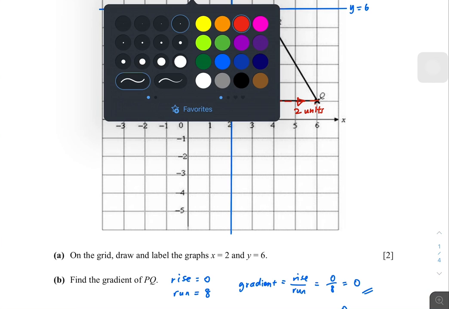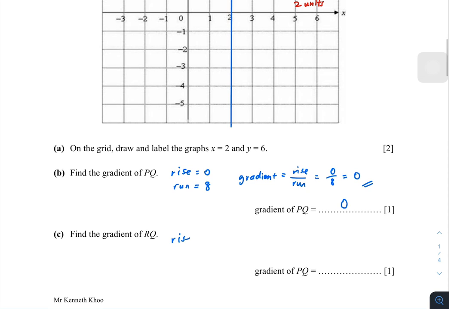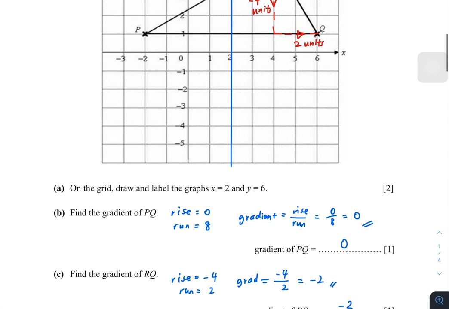So the gradient, which equals rise over run, is negative 4 over 2, so negative 2. This is one of the easier ones, just to draw and label the graph, find the coordinates, find the gradient and so on.